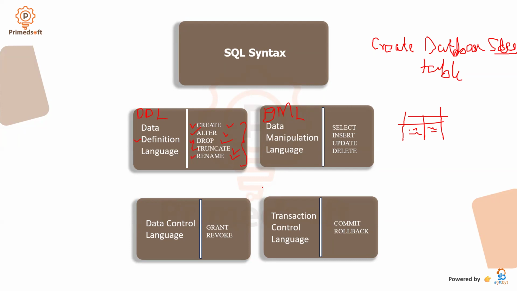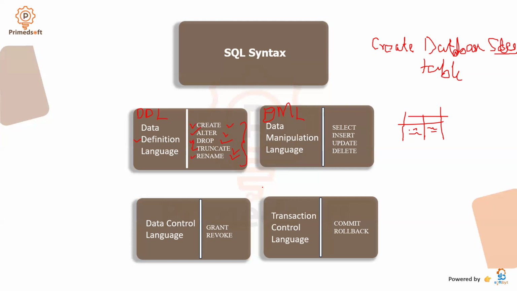We have 4 main statements that we use for this particular type of language. The first is select, which we will use in every query we write. As long as you want to get something from a table, you have to use select.